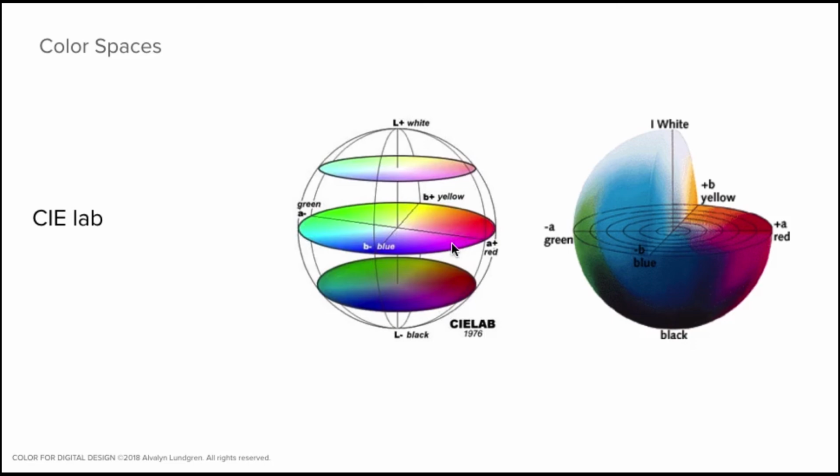The more saturated colors are again toward the outer circumference, toward the perimeter, and the less saturated will be moving toward the center.